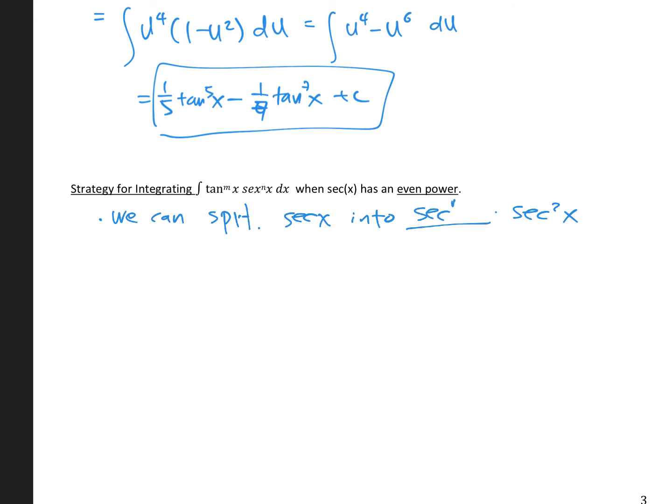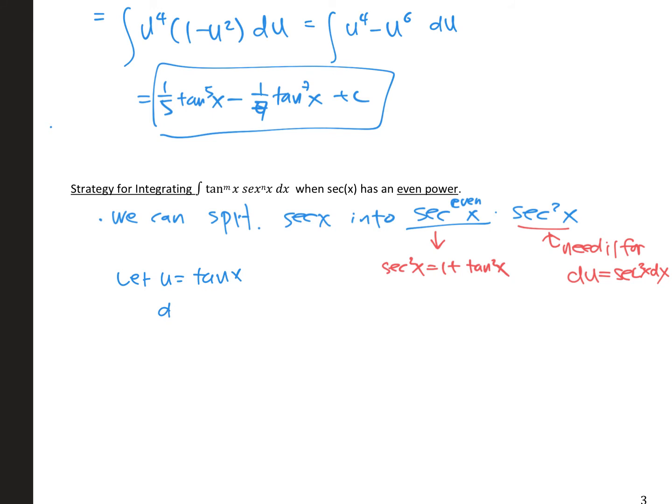I need secant squared for du, secant squared dx. The rest, since it's an even power, can be converted into tangent by using the fact that secant squared is 1 plus tangent squared. And once we have that, we let u be tan x, and du will be secant squared x dx.